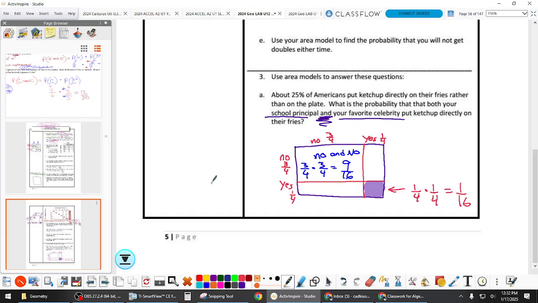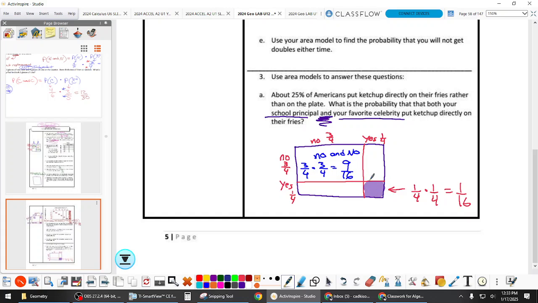For some reason, I can never comprehend that 3 times 3 is 9, and 3 times 2 is 6. Oh, so did you make it 6? Yes. I don't know why I do that. I've been doing it for like years now. How funny. So the one that it asked about was that they both actually do. That was why I highlighted that one. And it's just 1/4 times 1/4, just the area of that little section.